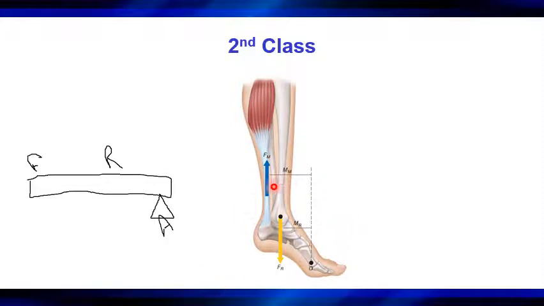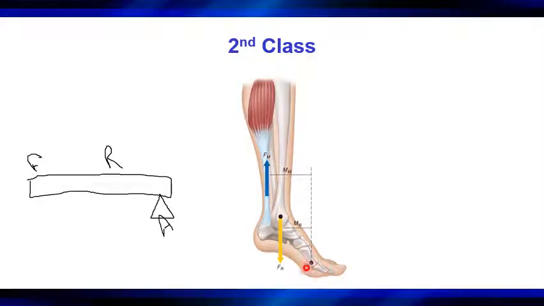This is the only example of movement in the body where the mechanical advantage becomes greater than 1. Think about why that would be important in this circumstance. For you to go up on your toes, in weight bearing and plantar flexion, you have to support all of your body weight. So it's really important that you have a mechanical advantage greater than 1 in order to do that, because you're supporting all your body weight on this area.